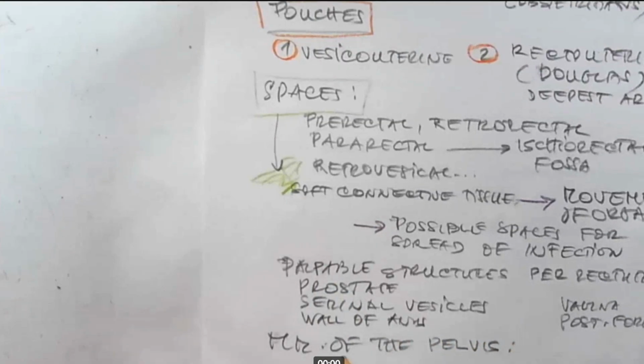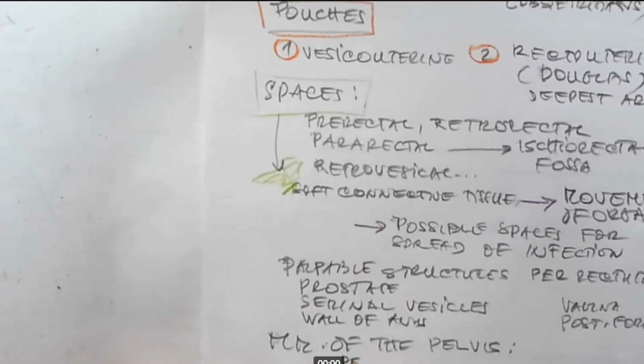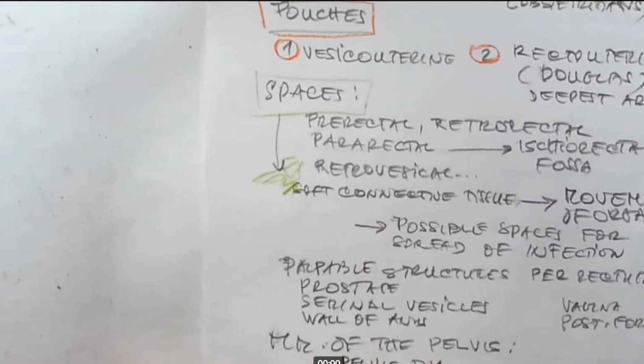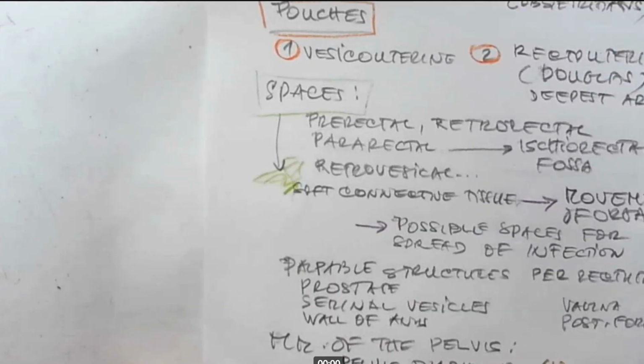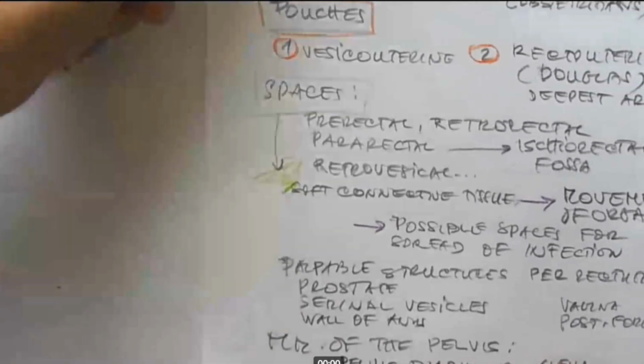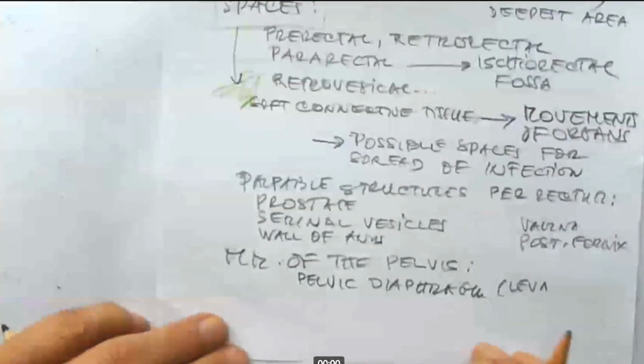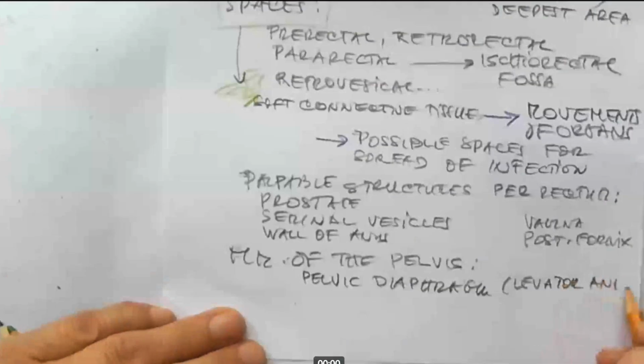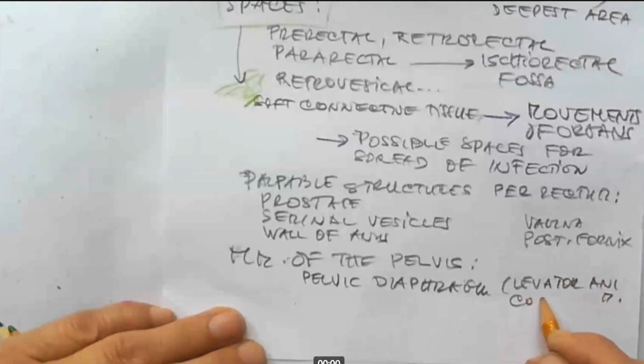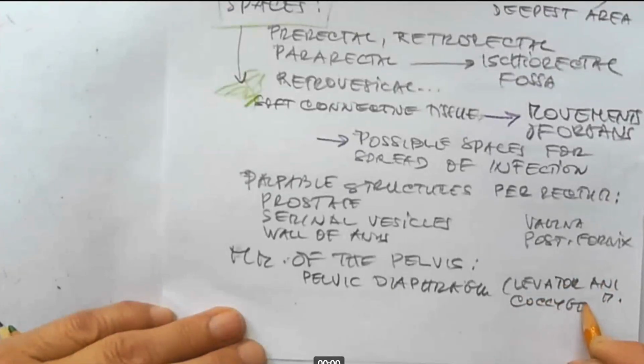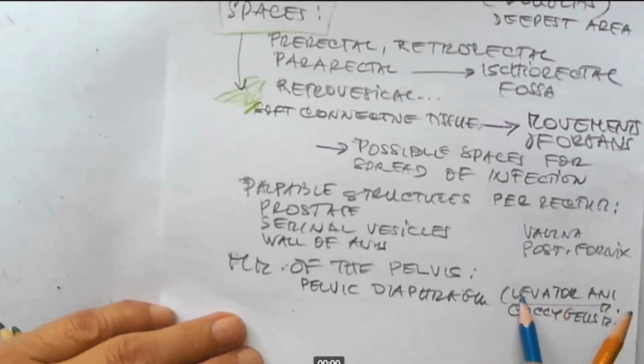They form the pelvic diaphragm. I will show you a diagram. The pelvic diaphragm, which is the levator ani muscle, and the smaller coccygeus muscle. So levator is the most important muscle.